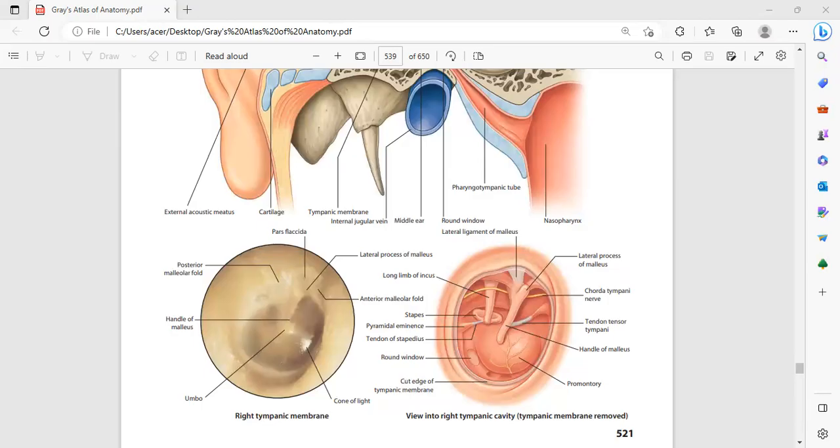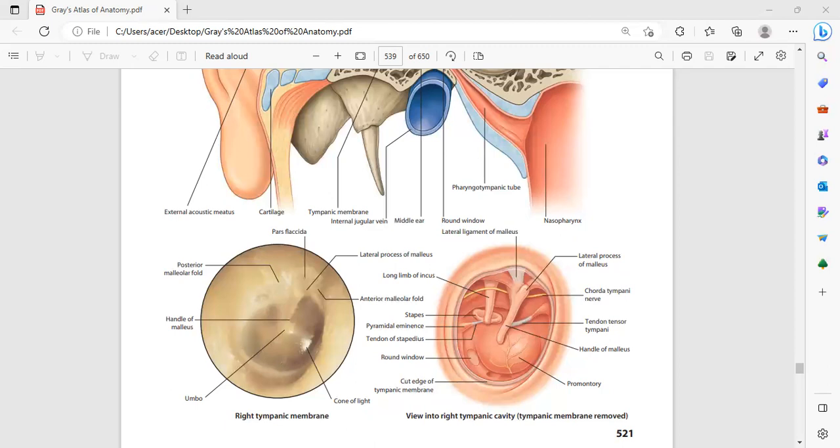This cavity of the middle ear is also called the tympanic cavity. We talked about its lateral wall, which is the tympanic membrane. Now let's talk about the other walls. The medial wall is the lateral wall of the inner ear.